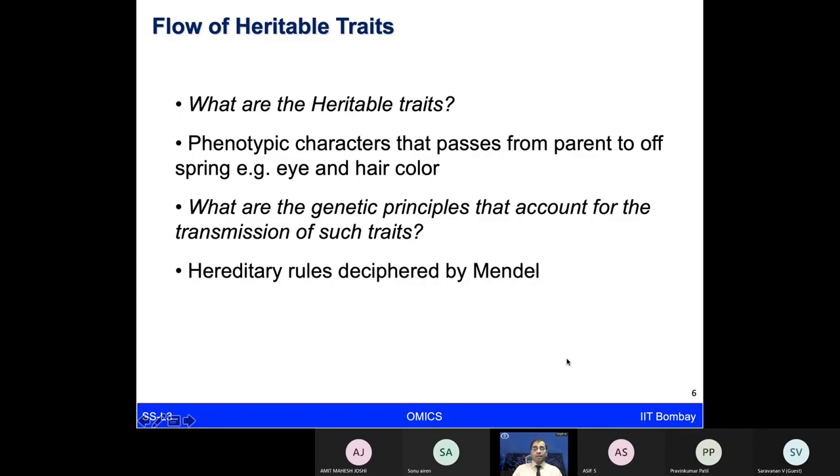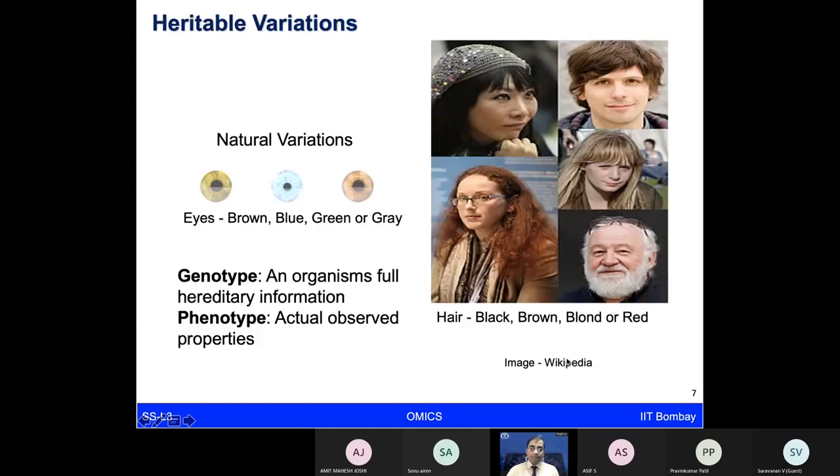To understand these possibilities, Gregor Johann Mendel studied the rules of heredity, and based on some very simple and elegant experiments, he made observations which are still the foundation of the field of genetics.